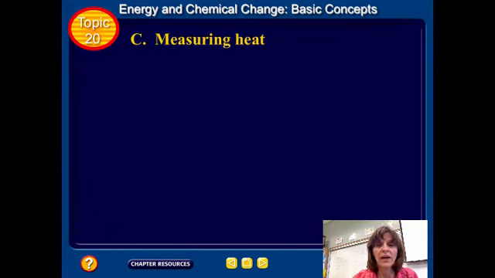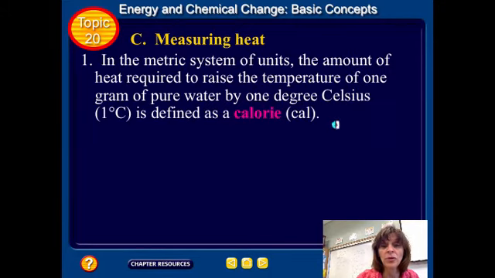Okay, to measure heat, measure that Q, we need a unit. You probably have used the unit of calories, which is for the metric system, the amount of heat needed to raise the temperature of 1 gram of pure water by 1 degree Celsius, and it's often used to measure the amount of heat chemical potential in food.